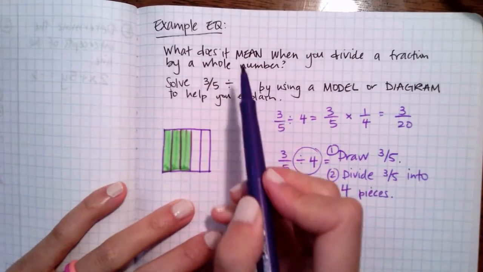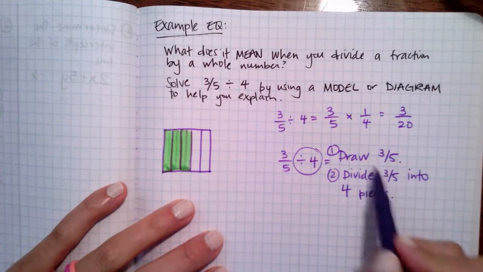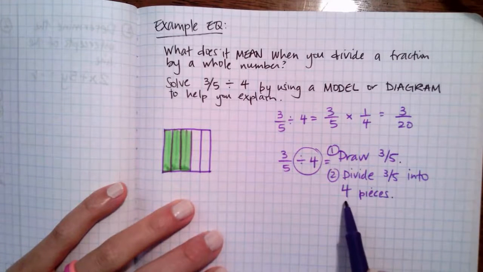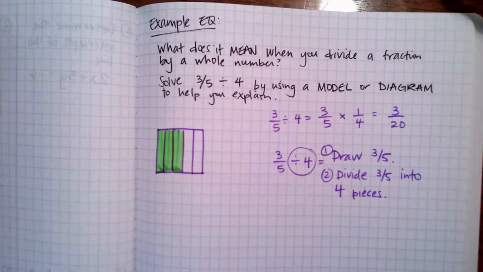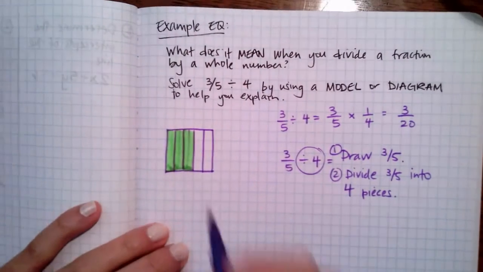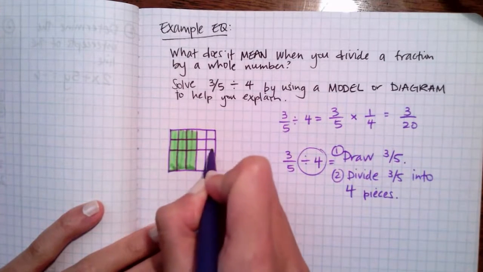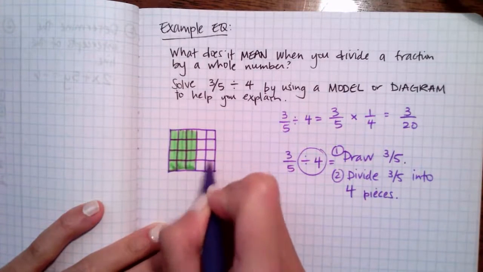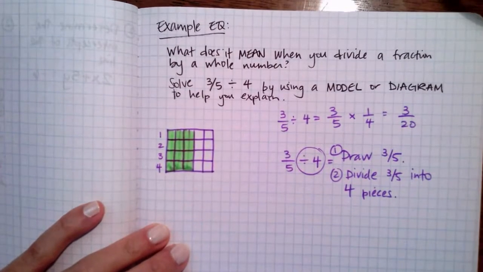What does it mean when you divide a fraction by a whole number? It means you're taking that fraction and you're dividing it into that many pieces. So now we're going to divide it into 1, 2, 3, and 4 pieces.